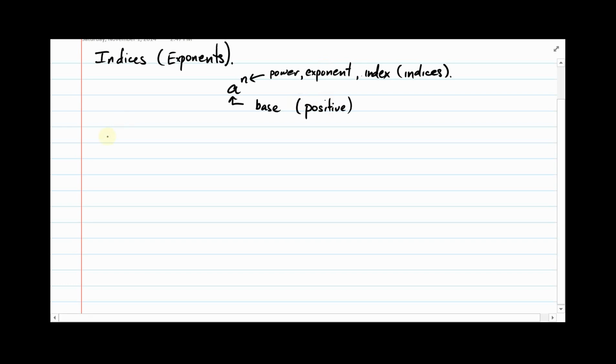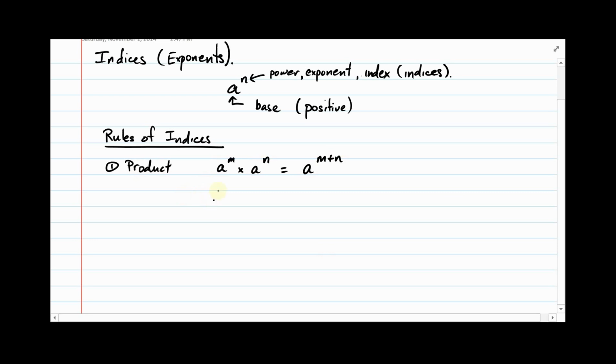Now let's remind ourselves of the rules of indices. We have the first rule, the product rule. If I had a to the m times a to the n, this was the sum of the indices. Let's look at nice whole numbers.